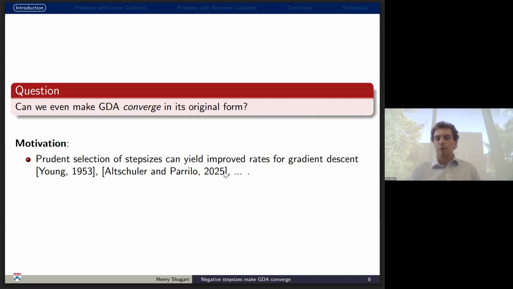More recently, starting with Altschuler and Parrilo, we've seen that this phenomenon extends to more general convex functions and that you can get improvements in rate by just modulating the step sizes. This is really an active area of research in convex optimization. Here, we're not worried so much about getting improved rates, but rather trying to change from divergent or cycling behavior into convergent behavior. So can we even change GDA from diverging to converging at any sort of rate to begin with?